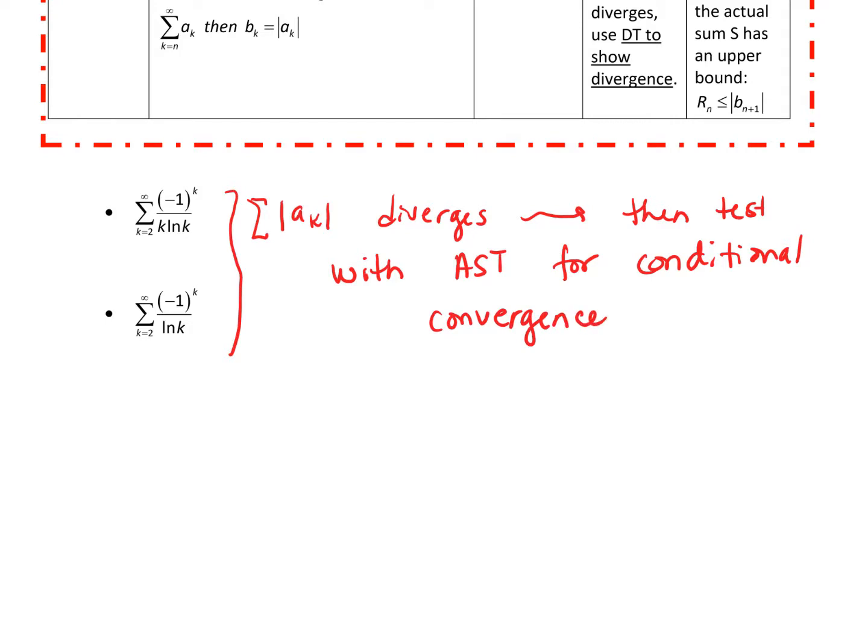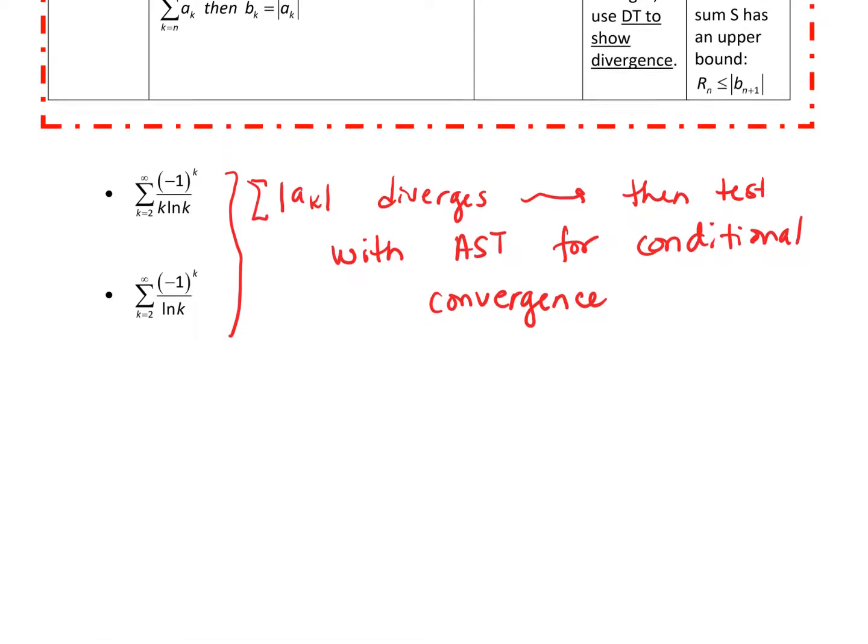And these are just two examples. A lot of these examples I'm pulling out of previous videos or off of worksheets or homework problems. These are just two examples that have shown up over time where we have applied the alternating series test and we're able to show that we had conditional convergence for these two series.